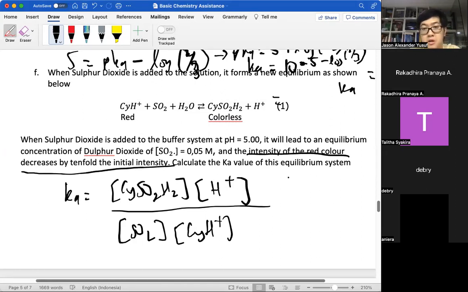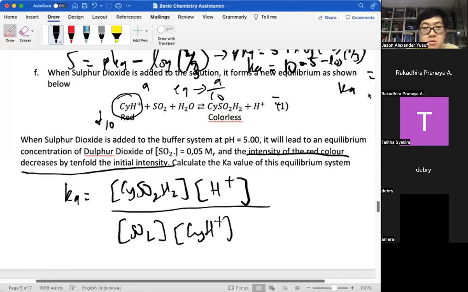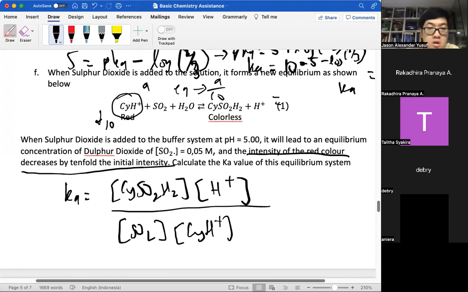Do you understand what it means? So that means the intensity of the red color, this one, decreases by 10. So let's say this concentration is A. At equilibrium, it will be A over 10. That's what it means. Okay.